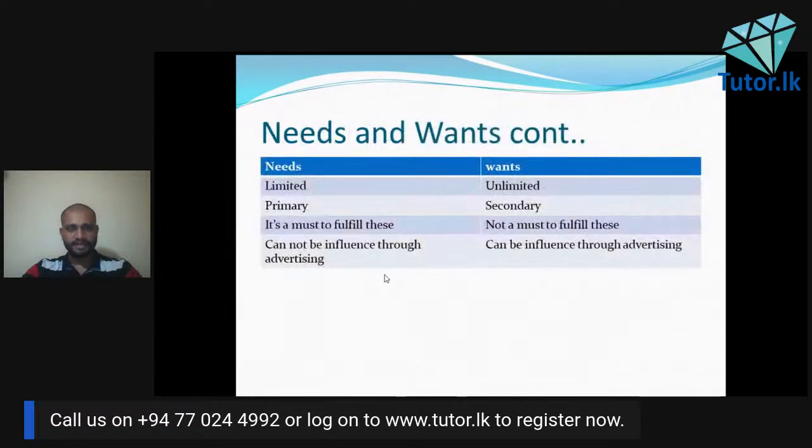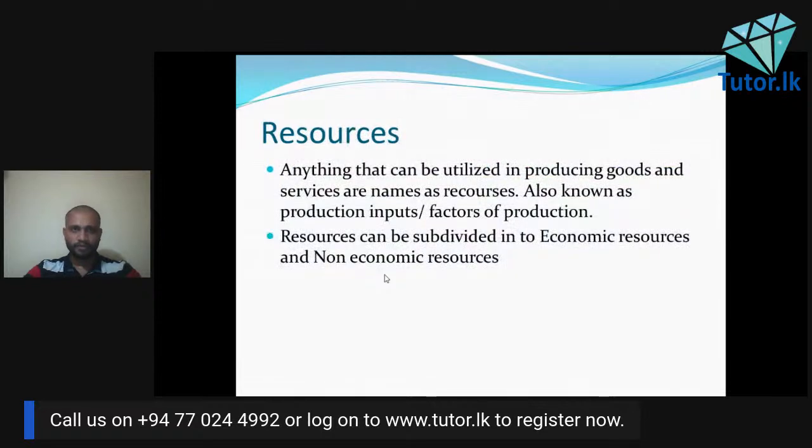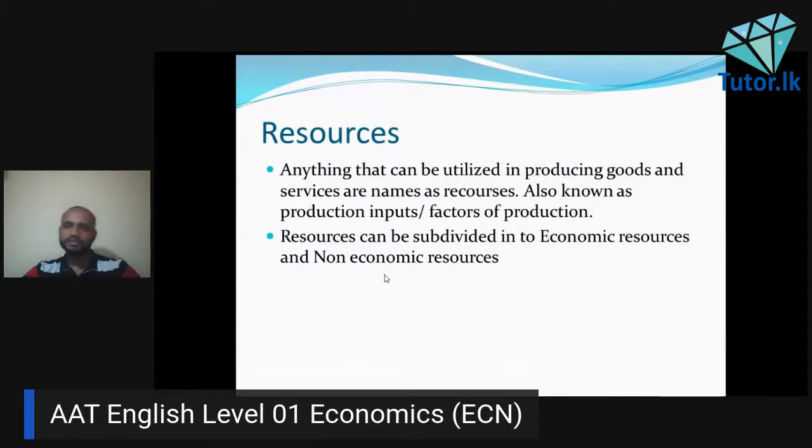Resources, on the other hand. So there are needs and wants, and now we will go to the resources side. What can you say about resources? Let's take a company as an example.